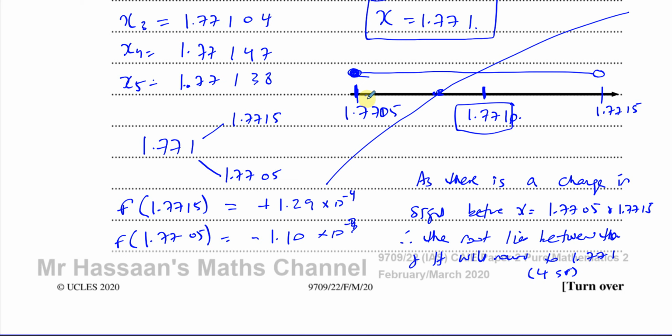Okay, any number that lies between these two values, when you round it to 4 significant figures, it's going to become 1.771. Okay, so that's a way to further prove it.